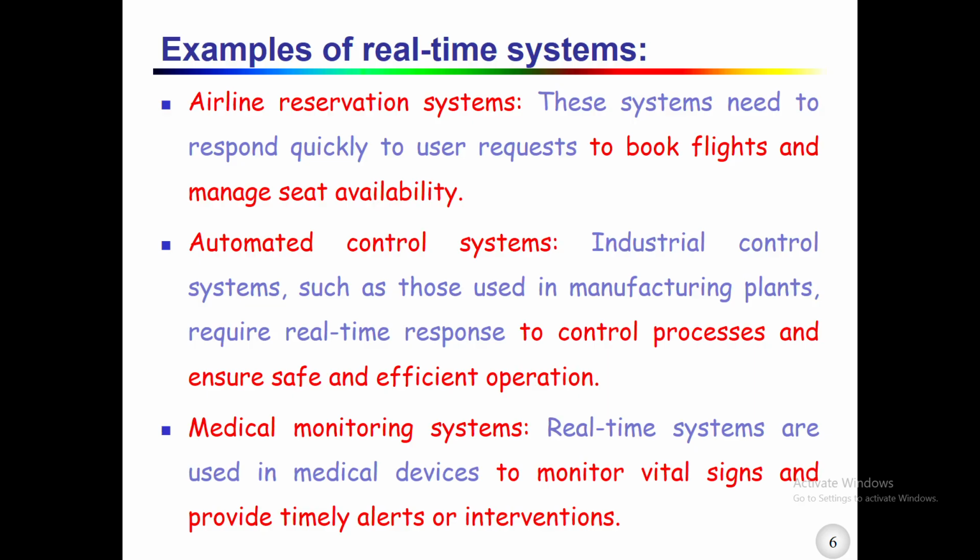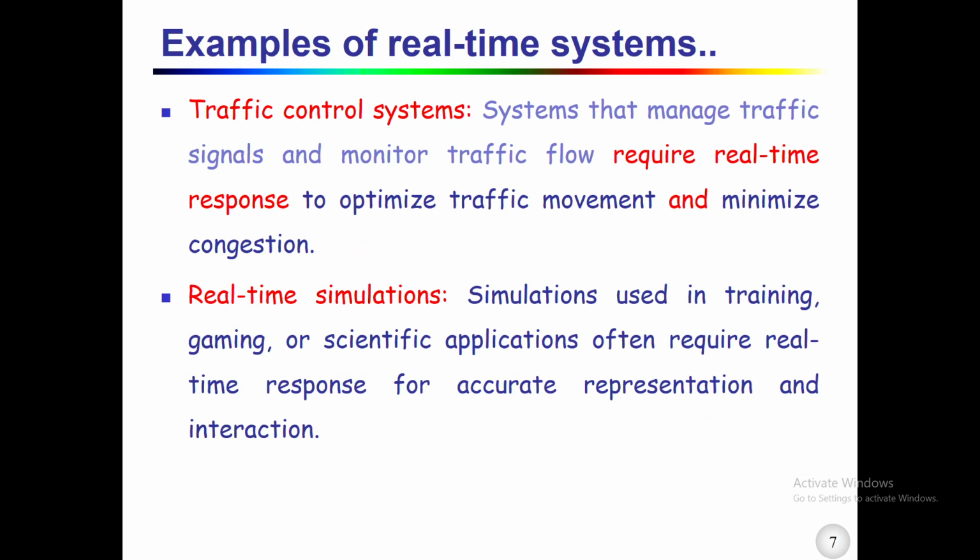Next, medical monitoring systems. Mostly these use real-time systems through different medical devices which monitor different vital signs and provide timely alerts and interventions in different hospitals, providing timely responses for situations which require immediate response. And again, traffic control systems.